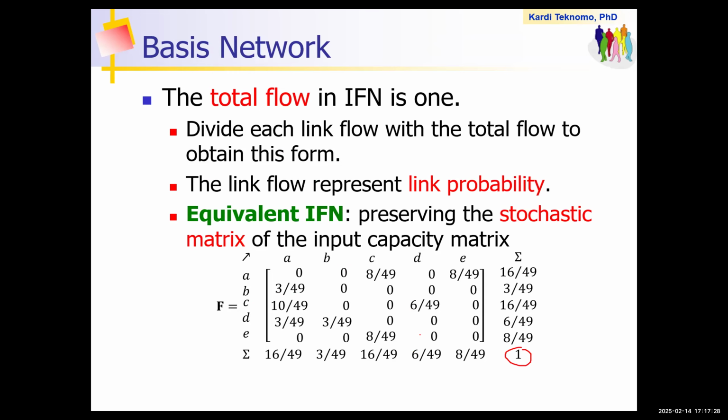That means I can simply multiply all of these values by 49, and then I can get integers. When the total flow in the network is one, this value represents the link probability.